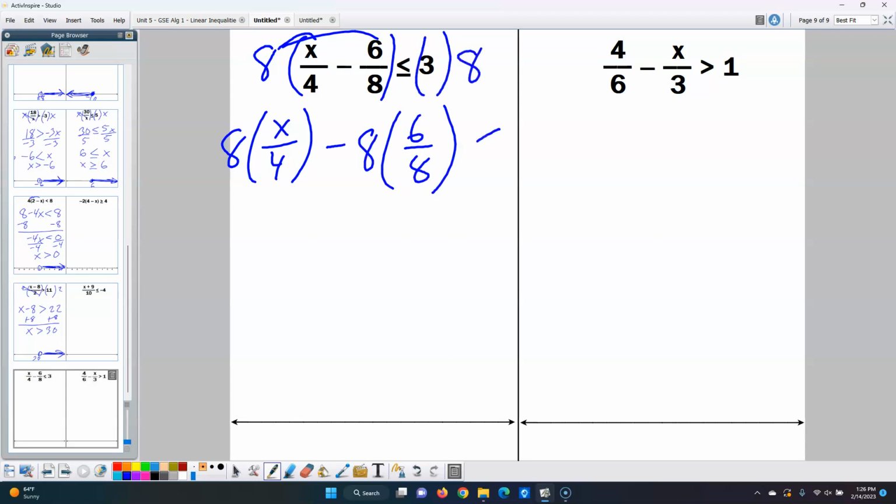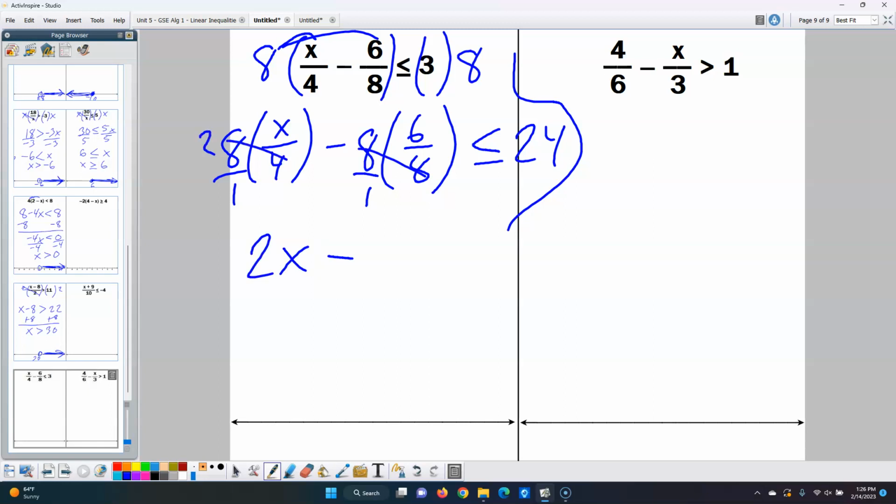And I'm going to multiply both sides. It gives me 24, I think. And when you multiply these, it's like 8 over 1. So that's 8x over 4. I think that gives me 2x minus these 8s will cancel right there. This made 2. This is going to make 1. So that's minus 6 is less than or equal to 24.